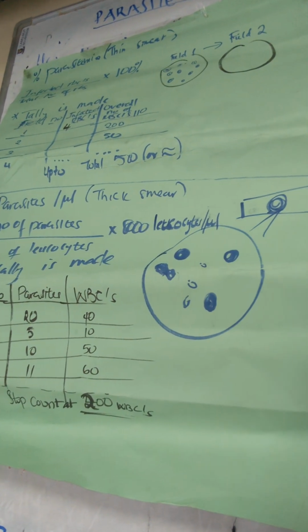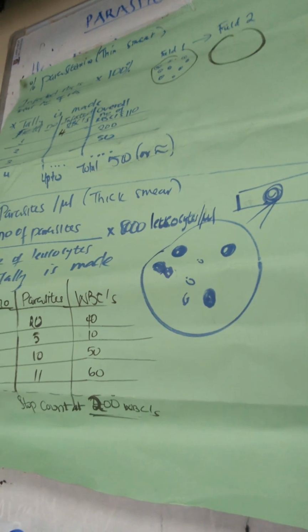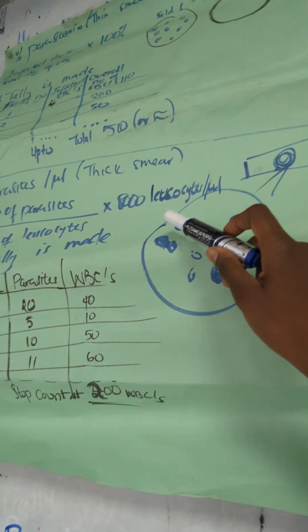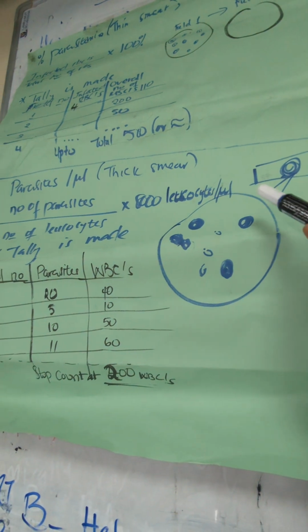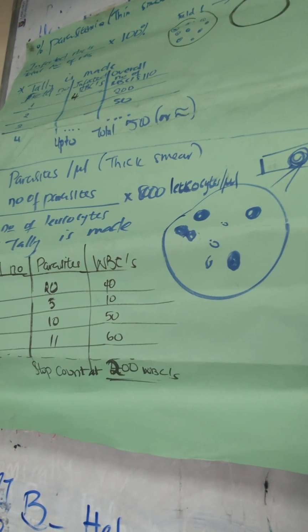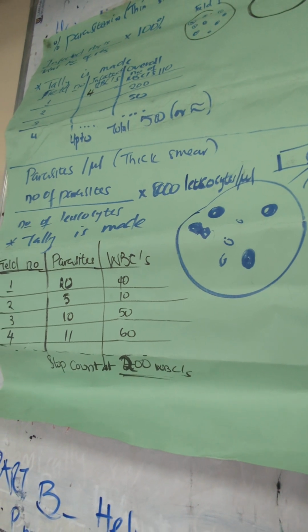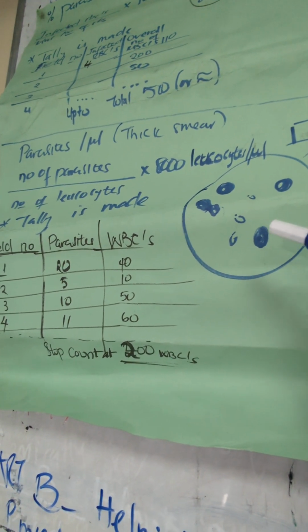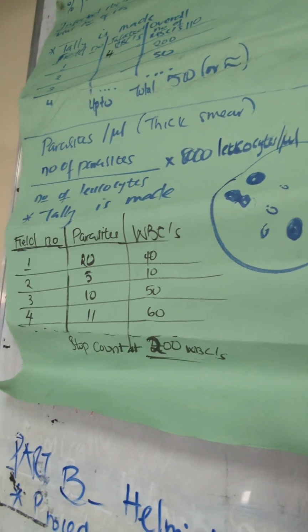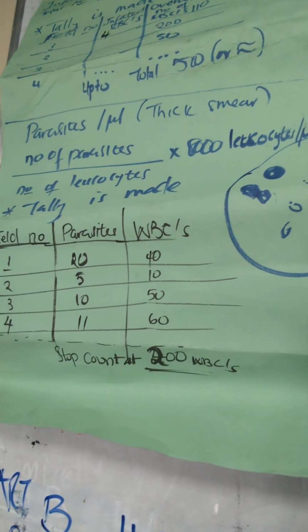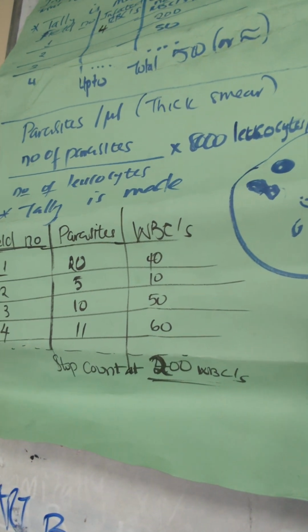Basically, under your thick smear, you're supposed to generate a counting field, appreciate the microscopy, when we're about to count using a thick smear. So you drew something like this, identify if there are parasites inside and some white blood cells, and then we have the chart itself, the tally, how we generate the data that was already supplied to you.